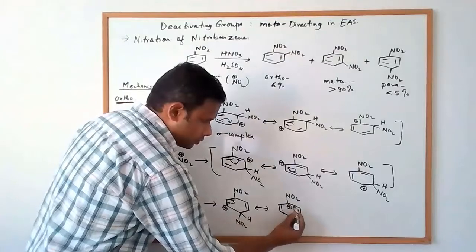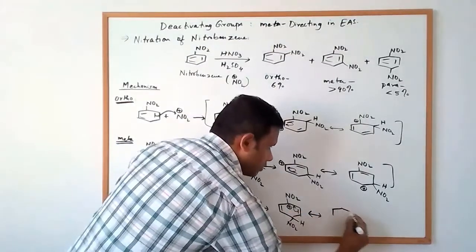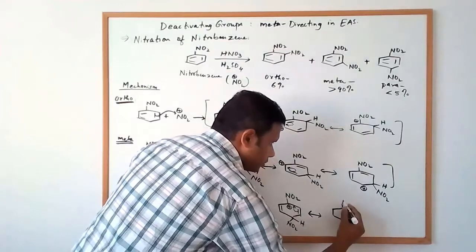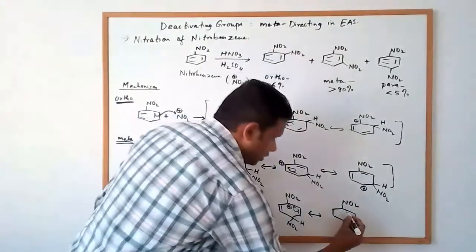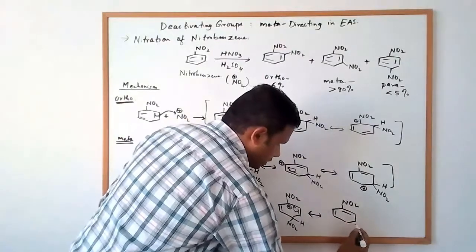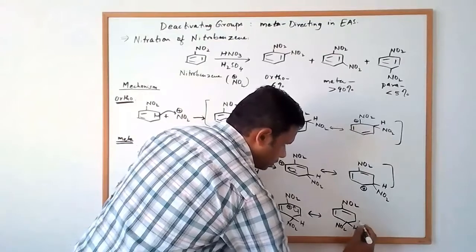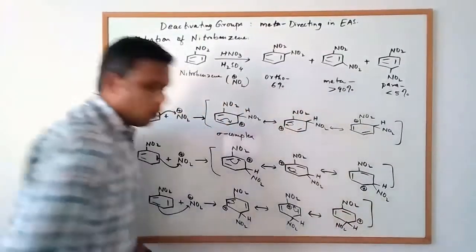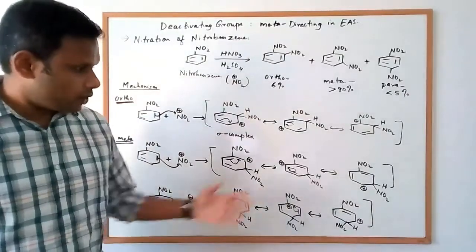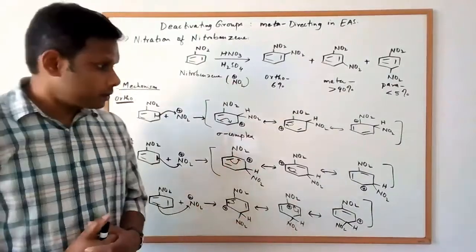And then we can use the other pi bond to put down the final resonance form here. Go double bond here, H and NO2, and a positive charge over there. So those would be all the resonance forms for the formation of the para product.